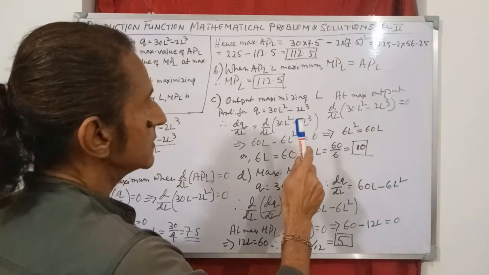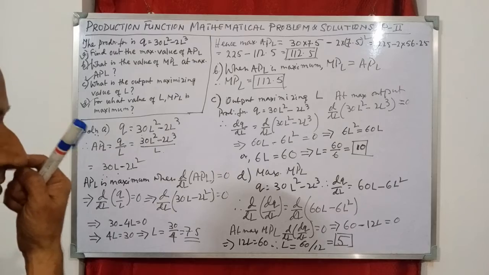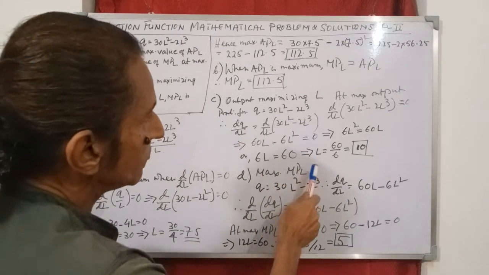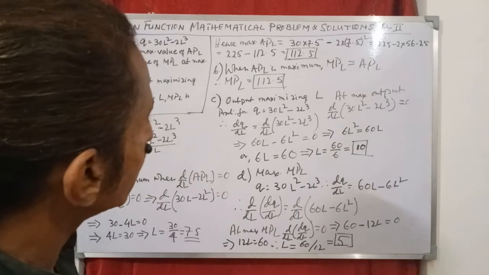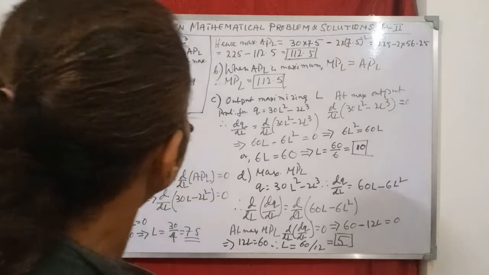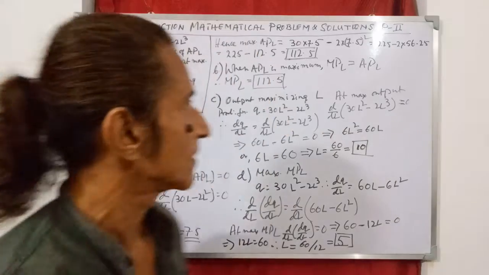Now this will be equal to 0 when output is maximized. So we have set this equal to 0, and we have found the value of L as 60 by 6 equals 10. So when L is equal to 10, the output of the farm is maximized.